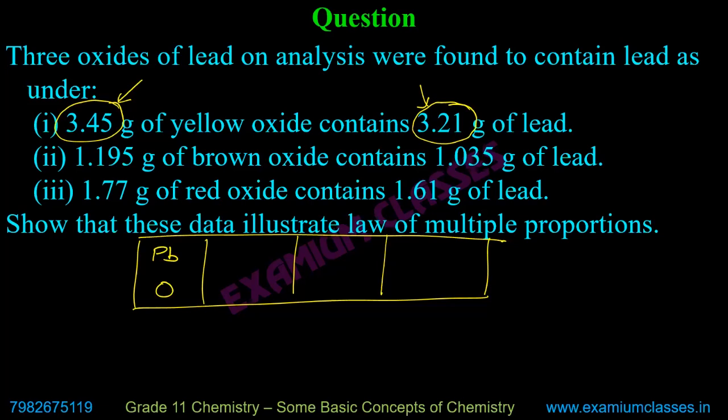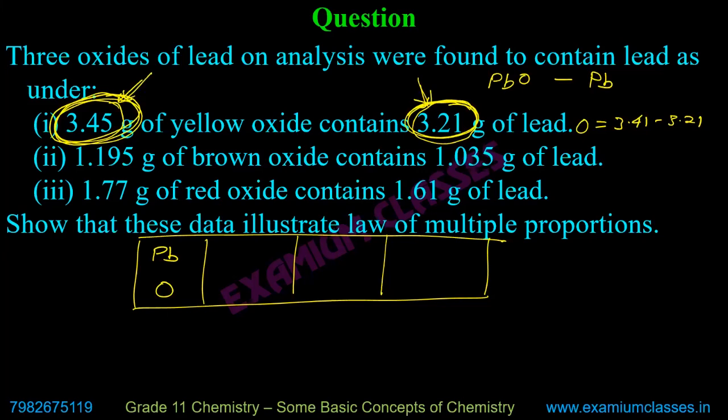So first you will calculate how much oxygen is there. In this case, oxygen will be 3.45 minus 3.21, means lead oxide minus lead. Is that clear? This one is lead oxide. This one is just lead. So to calculate oxygen, you need to subtract the lead part from lead oxide. Remaining will be oxygen.